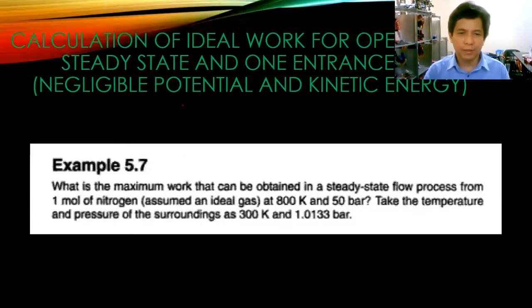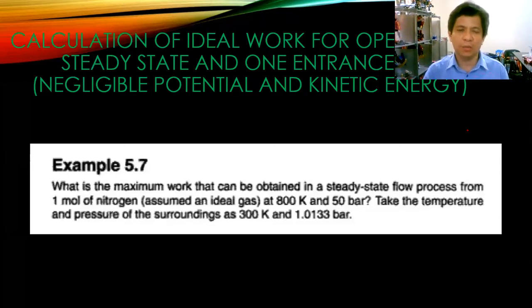Okay? So, let's try to solve example 5.7. What is the maximum work, that's the W ideal, that can be obtained in a steady state flow process from 1 mole of nitrogen? Assume an ideal gas.